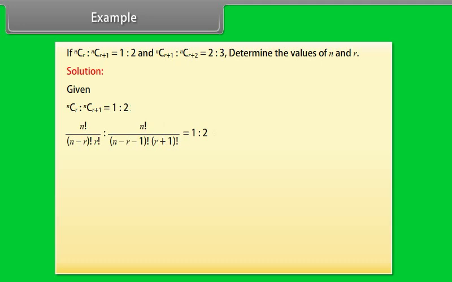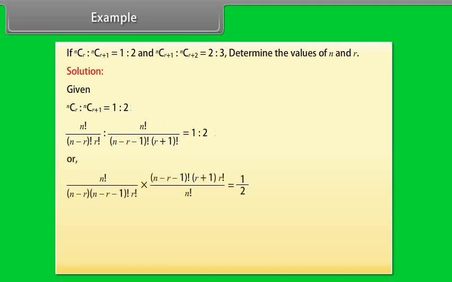n factorial by (n minus r) factorial into r factorial is to n factorial by (n minus r minus 1) factorial into (r plus 1) factorial is equal to 1 is to 2.